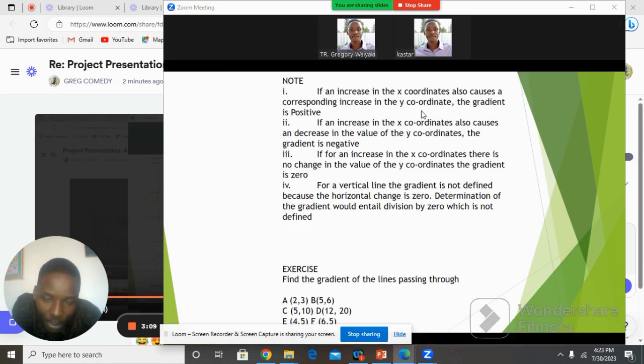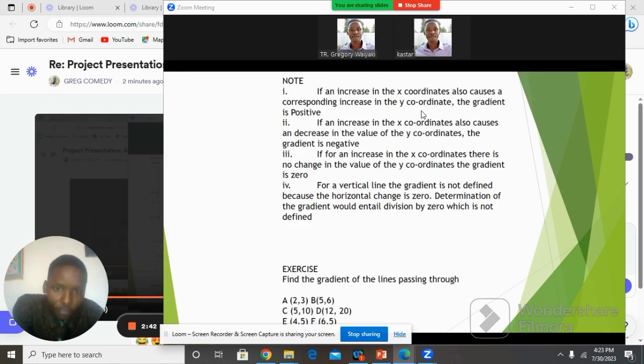I wish we had time, I would illustrate this one very well. Then statement 2 says that if an increase in the x coordinate causes a decrease in the value of the y coordinate, the gradient is negative. And then in 3, if for an increase in the x coordinate there is no change in the value of the y coordinate, the gradient is 0.